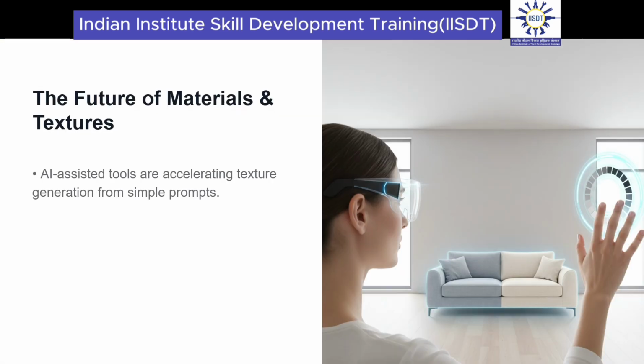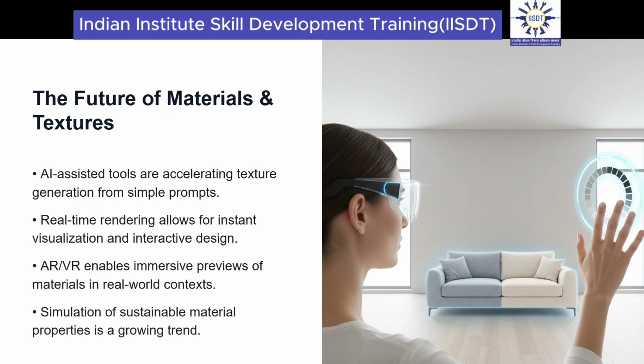The landscape of digital materials is evolving at a breathtaking speed, pushed forward by remarkable new technologies. The rise of artificial intelligence is a huge catalyst. We now have AI-powered tools that can generate incredibly complex and realistic textures from a simple text description or by analyzing a photograph, slashing the time it takes to create bespoke materials.